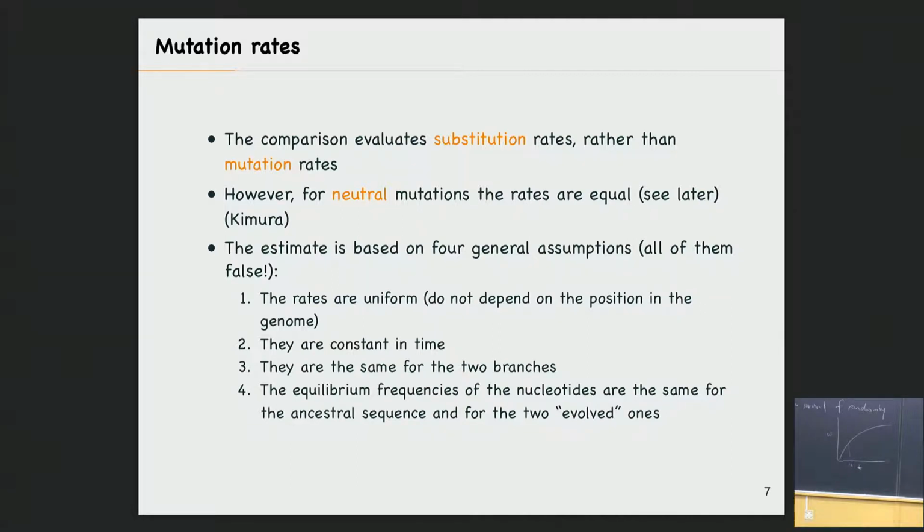They do not depend on the position in the genome. They are assumed to be constant in time. They are the same for the two branches, because you have to consider two branches. And then the equilibrium frequencies of the nucleotides are the same for the ancestral sequence and for the two evolved ones, because if at the beginning I had a different frequency, for instance, of G's and C's with respect to A's and T's, and then they tended to change systematically into a higher frequency of A's and T's, then of course this way of estimating mutation rate will not work.